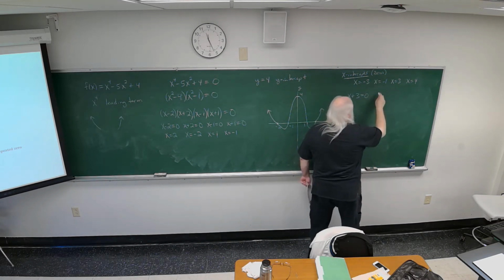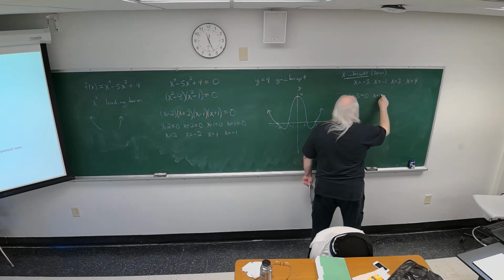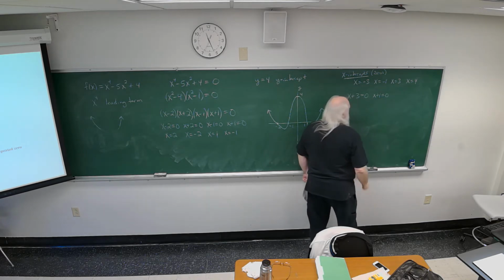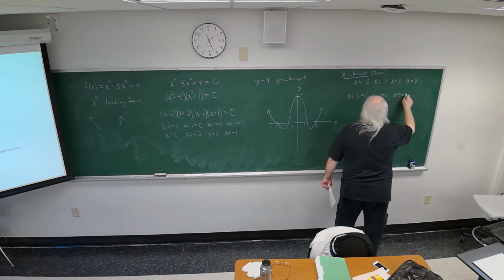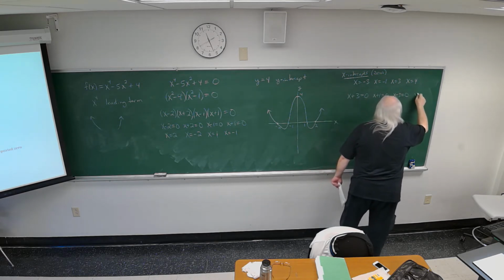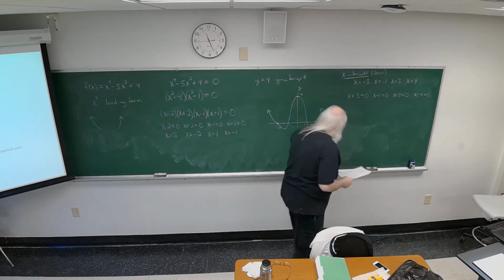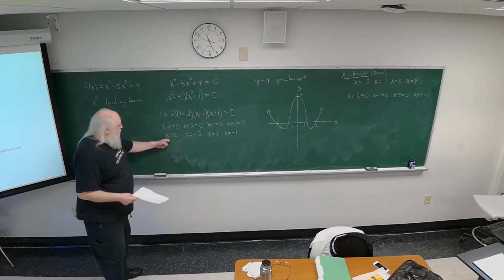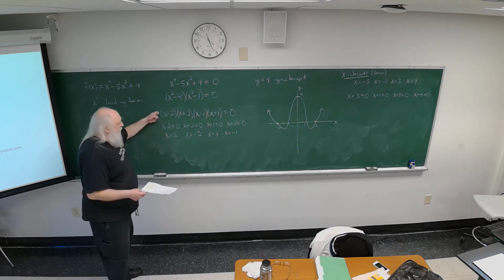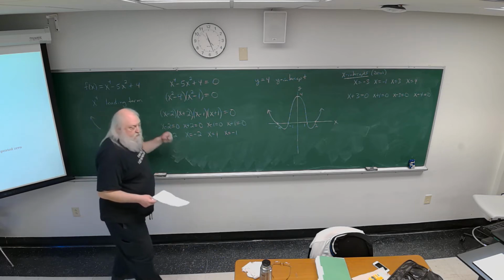Over here, you add 1 to both sides, you get x plus 1 is equal to 0. Subtract 3 from both sides, you get x minus 3 is equal to 0. Subtract 4 from both sides, you get x minus 4 is equal to 0. So I'm just going backwards with this problem. Started here, now we go up to here, and now we go up to here.